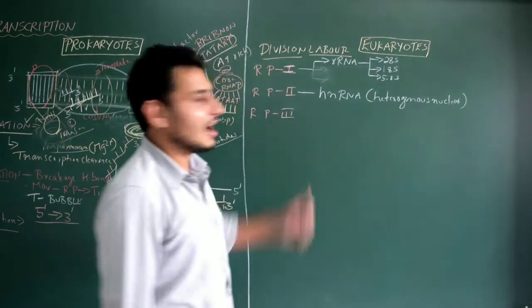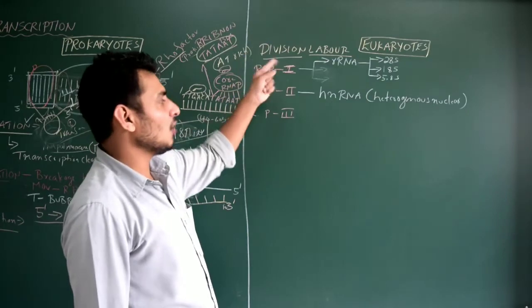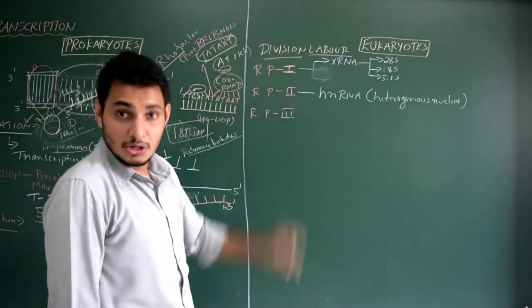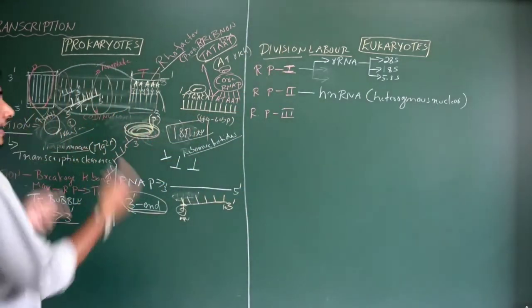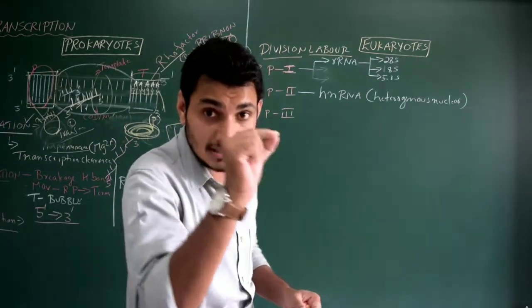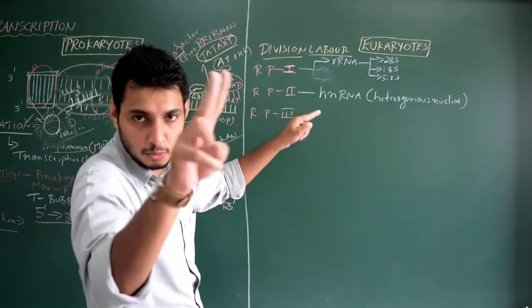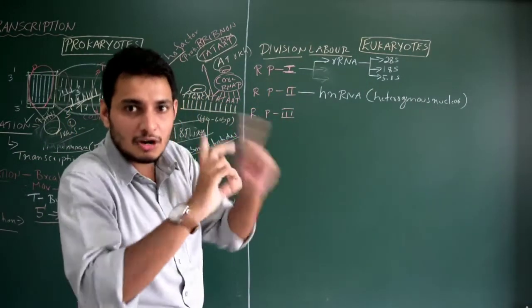Remember, that is by RNA polymerase 2. In this session, I am going to talk about RNA polymerase 2's function, how exactly it helps in the transcription. So, when you are writing in the annual examination, if the question is related to eukaryotic transcription, please understand this. Don't write RNA polymerase. Write RNA polymerase 2. Mention it. That is the only modification you need.